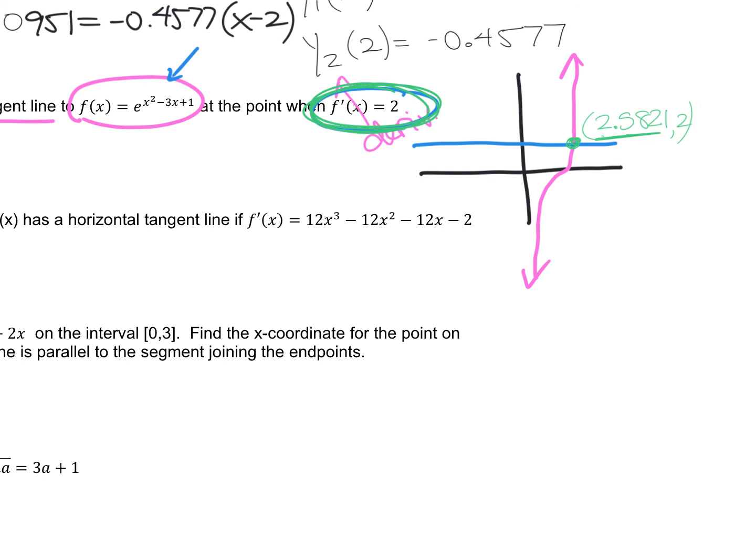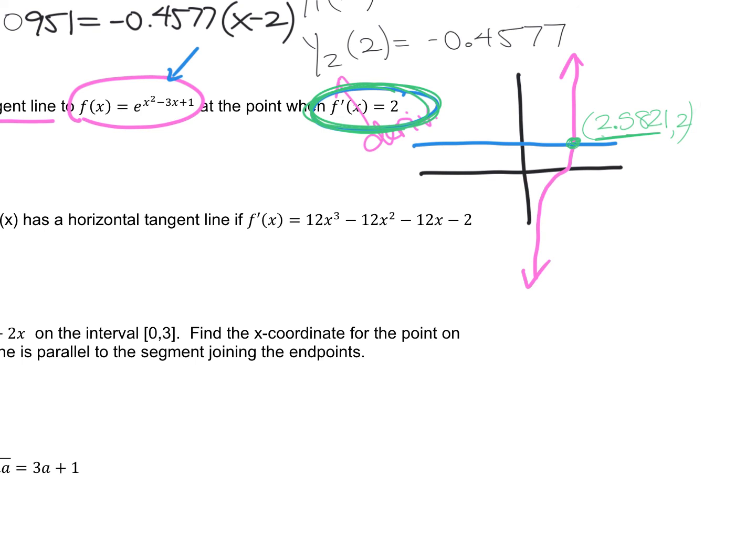Okay. Now, what's the one more piece of information I need? A y. What's the easiest way to find the y? Y1, because that's my original, of what number? Y1 of 2.5821.